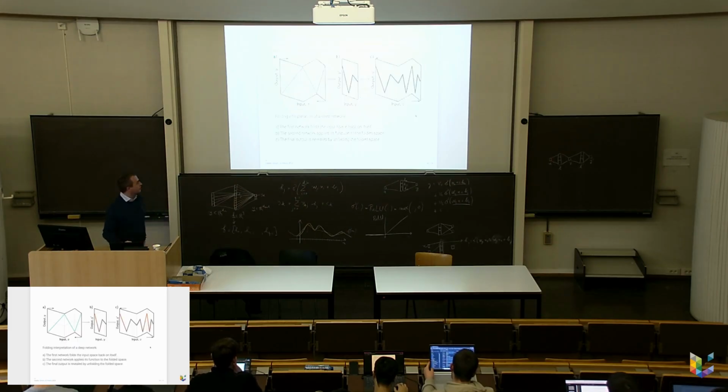Another way to view that is by viewing a neural network as some kind of folding of the input space. So this would be, for example, what the first neural network defines.